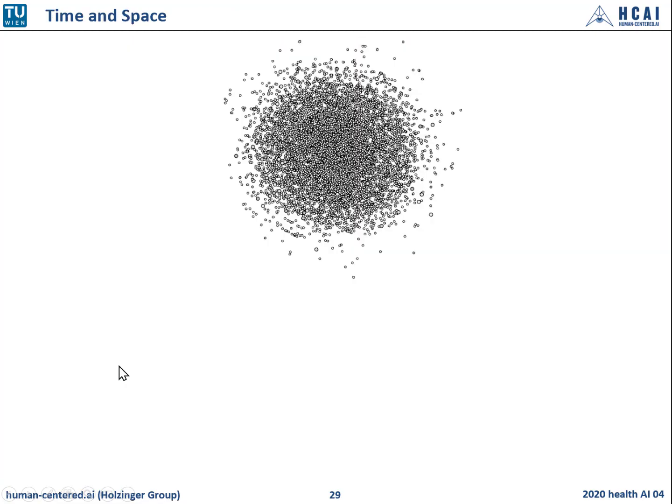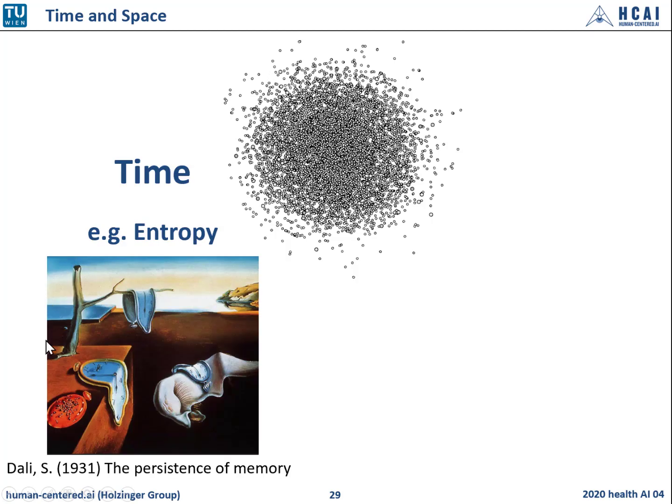So time and space. The language of nature is mathematics, and what you cannot express in mathematical terms, you cannot measure. This goes back to Roger Bacon, not Francis Bacon, Roger Bacon. Roger Bacon is the monk, 1214 to 1294. And here you see this point cloud data set in arbitrarily high dimensional spaces, and on the left side we see time, for example, expressed through entropy.